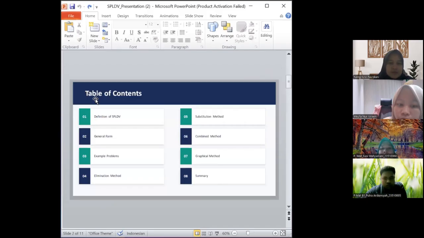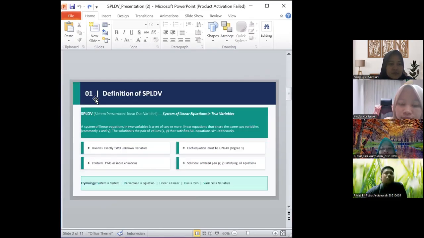For the different methods to solve SPLDV, let's look at the definition now. SPLDV stands for Sistem Persamaan Linear Dua Variabel, which in English means System of Linear Equations in Two Variables. It consists of two or more linear equations that share the same two variables, usually x and y.